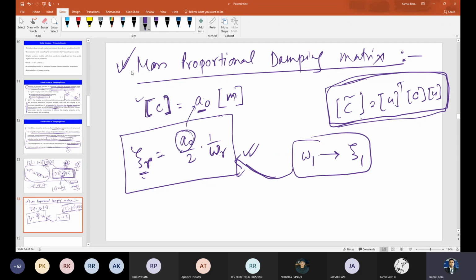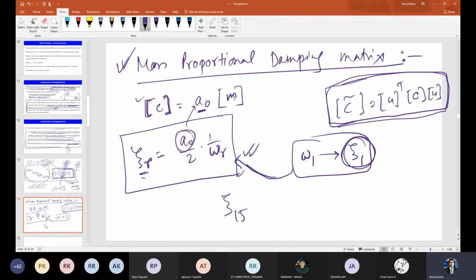Done. Okay. Now if I ask you to find out the modal damping ratio for the 15th mode, how will you find out? First of all, will you be able to find out or not? I have given only one piece of information: the modal damping ratio of the first mode.